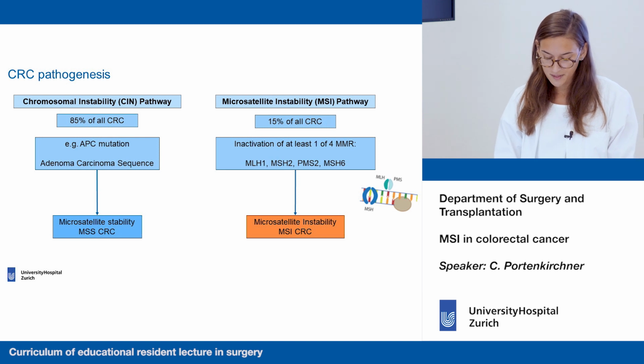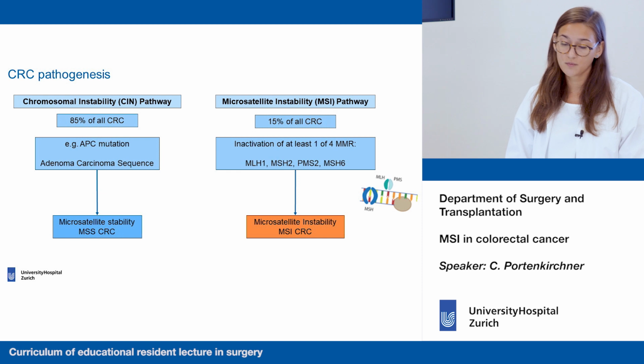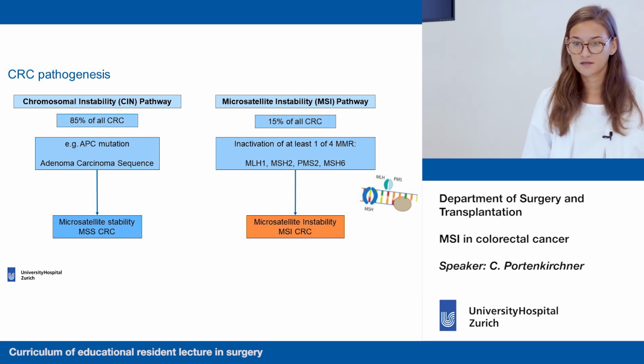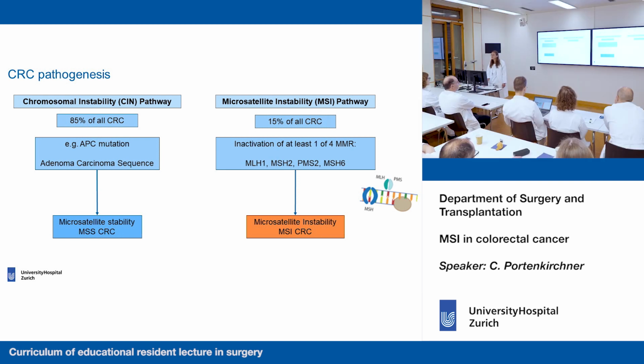It refers to a pattern of mutational activation of oncogenes like KRAS and inactivation of tumor suppressor genes like p53, and this leads to a microsatellite stable colorectal cancer. Microsatellite instability is due to inactivation of at least one of the 4 mismatch repair genes, which are MLH1, MSH2, MSH6, and PMS2, and leads to a microsatellite unstable colorectal cancer.